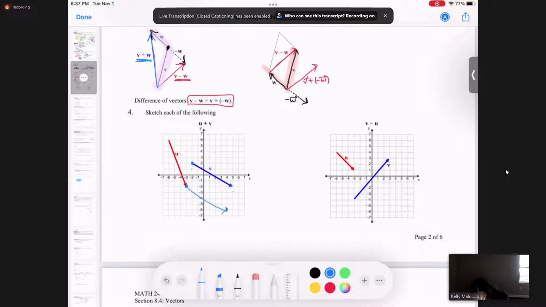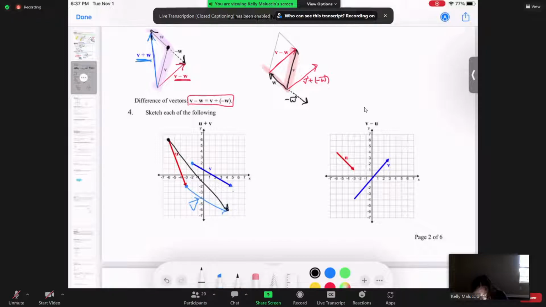Okay, drawing skills are not great, but those two blue lines should be parallel. So you can also draw it like this, and then I have u and I have v, and these are connected. So to add these together, I would create a point from the beginning of u to the end of v, and this would be u plus v.